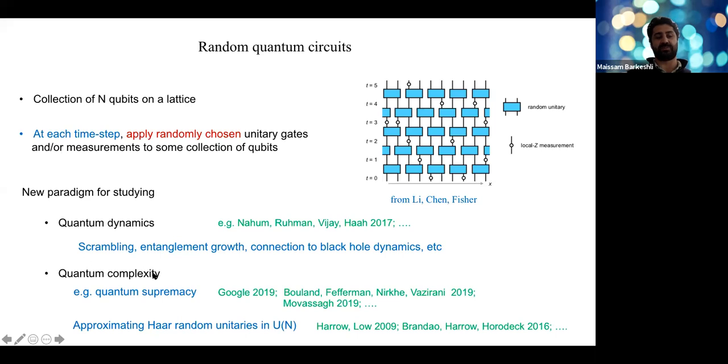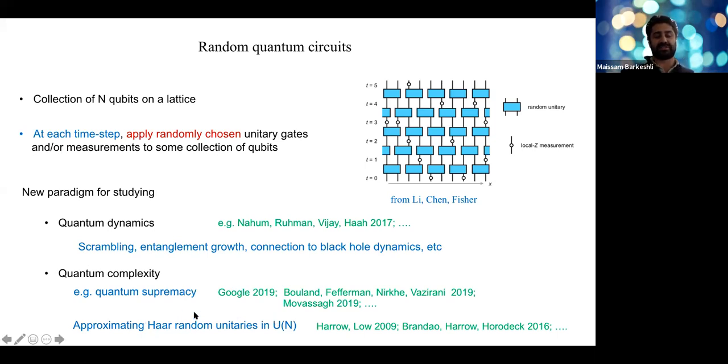And there's also important connections to quantum complexity. So Google's famous quantum supremacy experiment, for example, was about sampling the output of a random circuit. And this has been mathematically rigorously shown to be computationally difficult classically. So it's a way of demonstrating that quantum computers can do something that classical computers cannot.